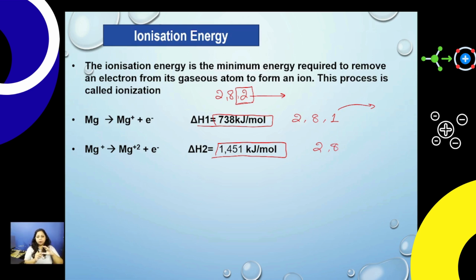Now look at the difference. Less energy is required to remove the first electron, while more energy is required to remove the second electron. Why is this so? Consider this. There is a mother who has two children. You already put in so much effort to kidnap the first one.